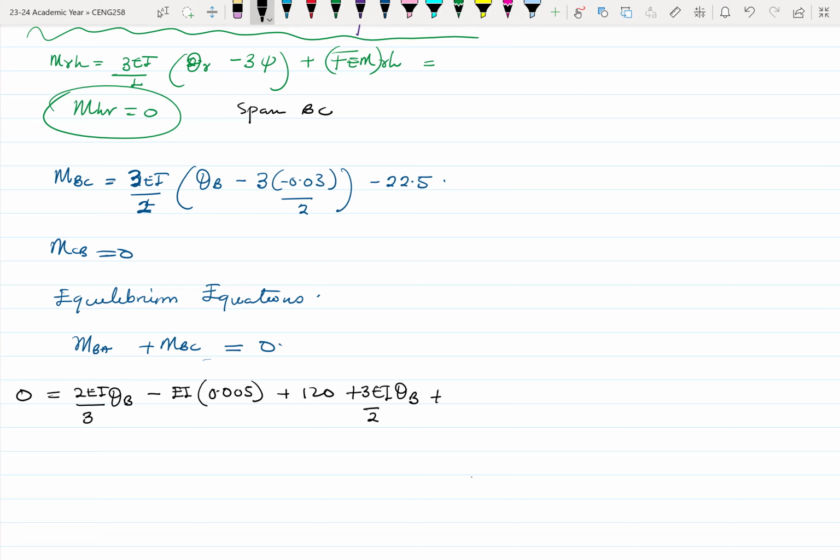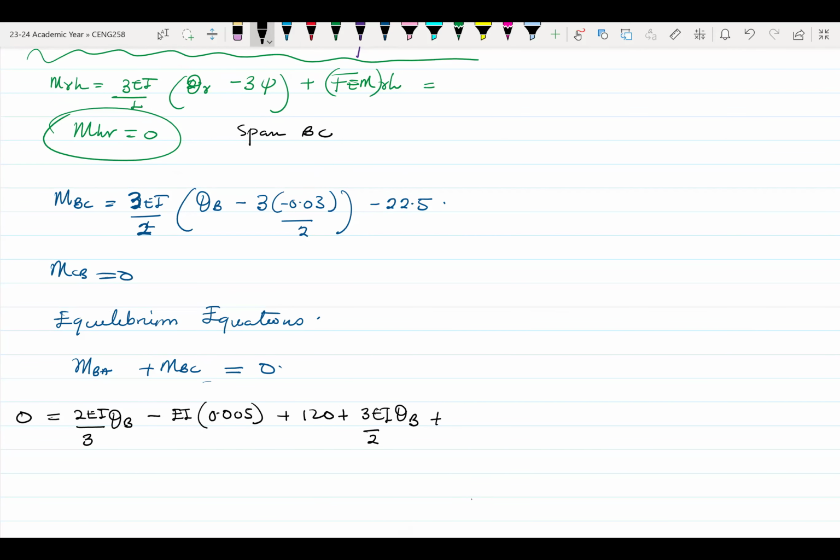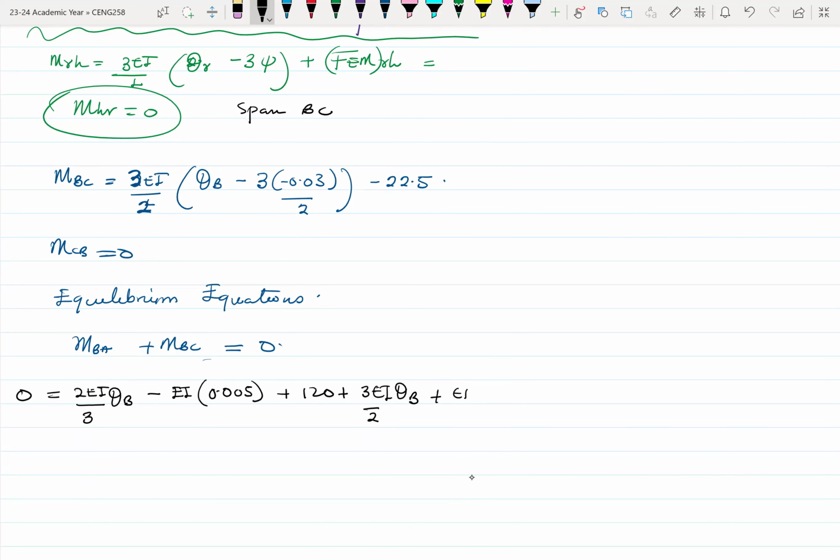So 3EI theta B is the correct answer, 3 over 2 times 2, times 0.03. This will give me EI times 0.09 minus 22.5.